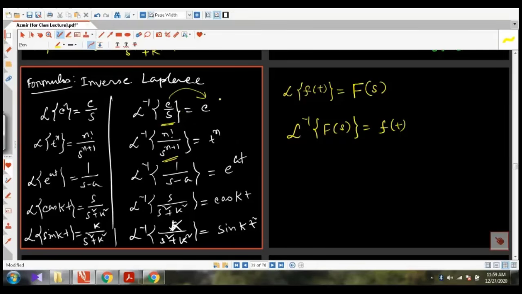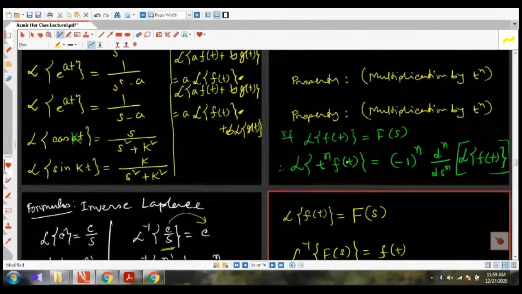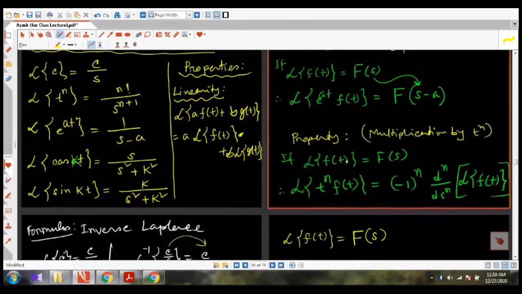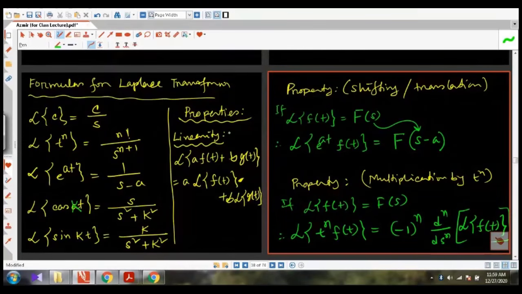Let's have a look at the properties of inverse Laplace transformation also, then we can move to the problems. Laplace transformation has three properties.